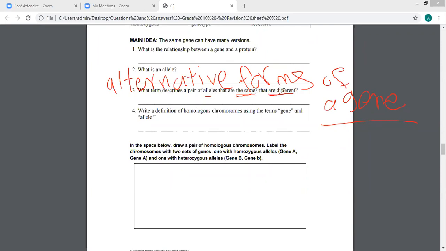When they are different, they are called heterozygous.